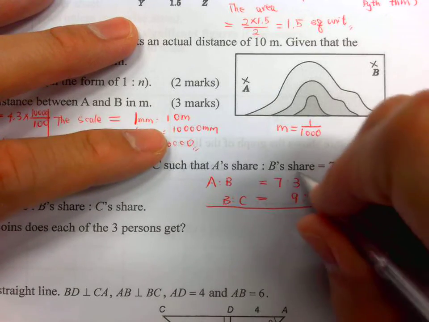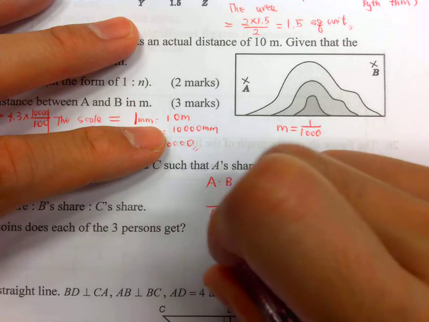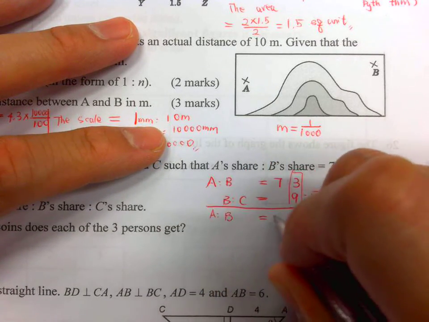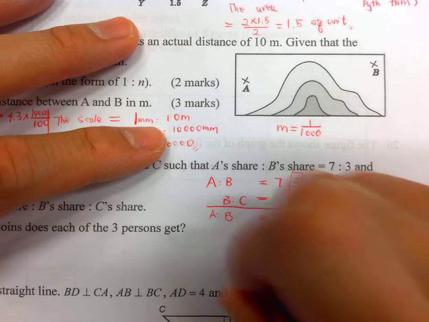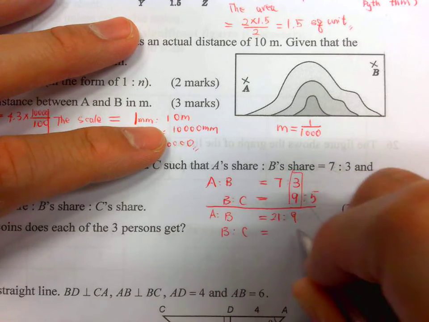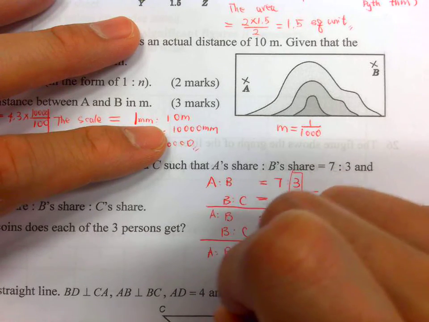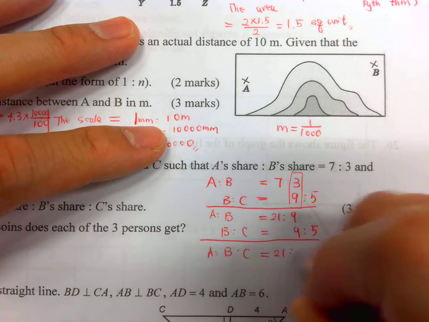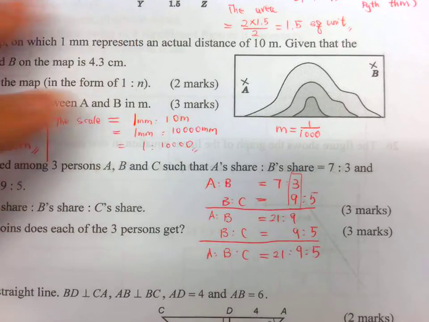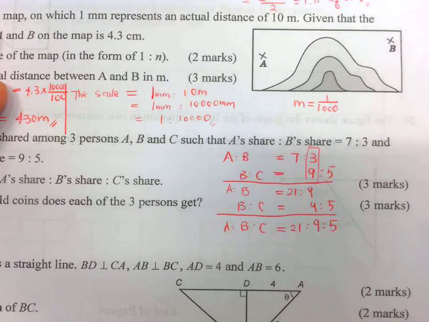That should be this one. Therefore, you will have A to B change it to 21 to 9, and B to C still 9 to 5, and then you can link them together. So you have 21 to 9 to 5. Okay, this is the share.